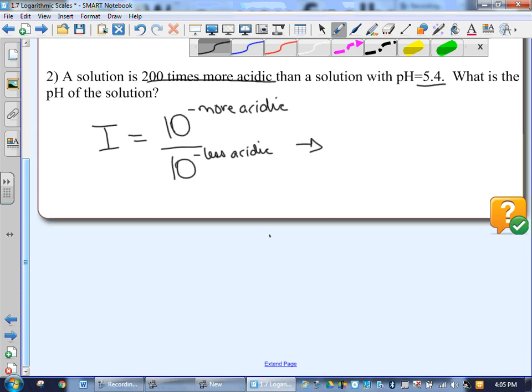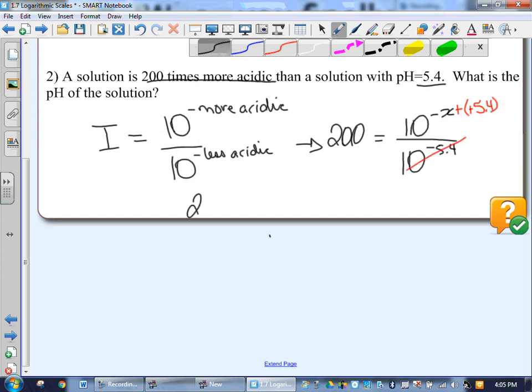Now a solution is 200 times more acidic, so I don't know how strong that one is, but I know the less acidic one is 5.4. Combine my exponents, and I have 200 is equal to 10 to the power of negative x plus 5.4.